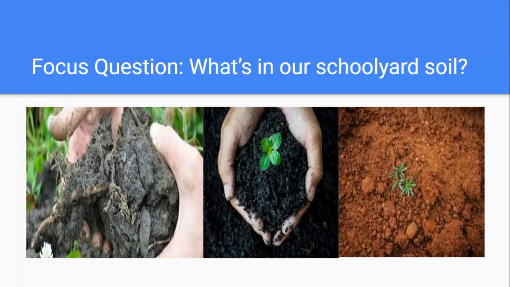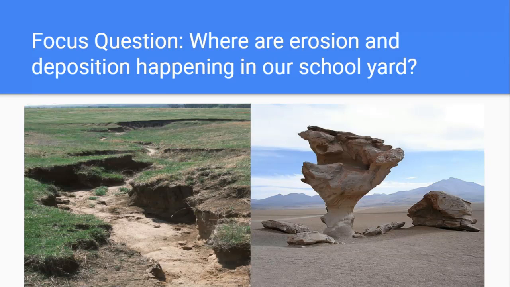As you continue on throughout the unit in Investigation 2, Part 3, students investigate the focus question, where are erosion and deposition happening in the schoolyard? So students once again can pop on to Google Tour Creator and actually show their actual school. And then as they're showing their school, they can show different places where they might see erosion, deposition, or weathering going on.